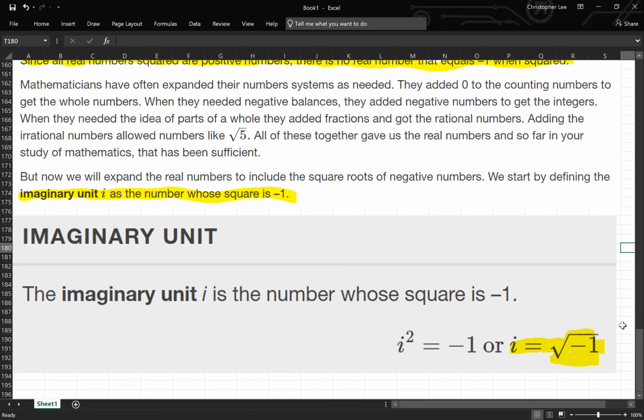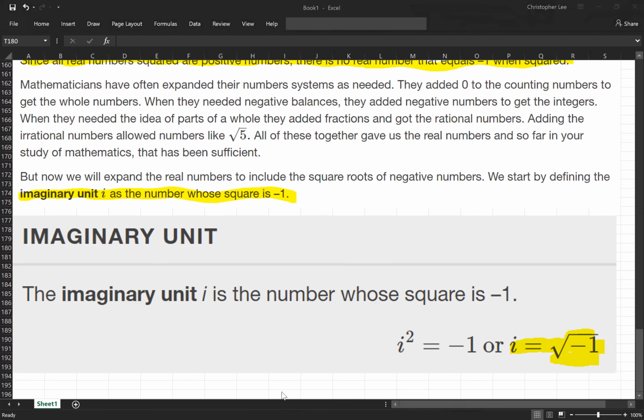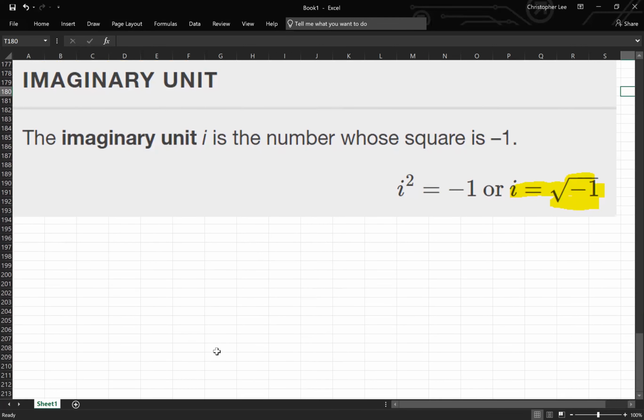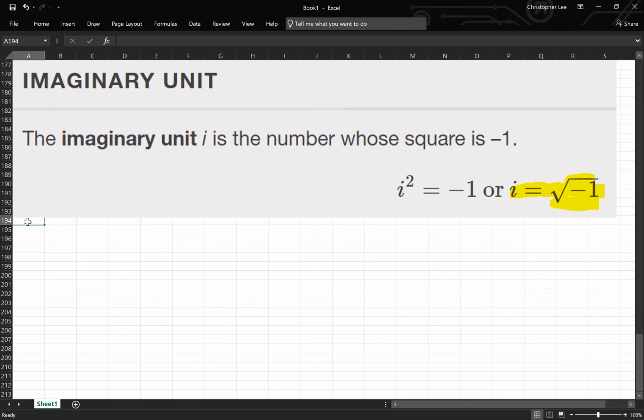So look, i squared is equal to -1, or i is equal to the square root of -1. Remember that. i is equal to the square root of -1. That's important right there. Nah, I promise you, this is light. I'll show you.